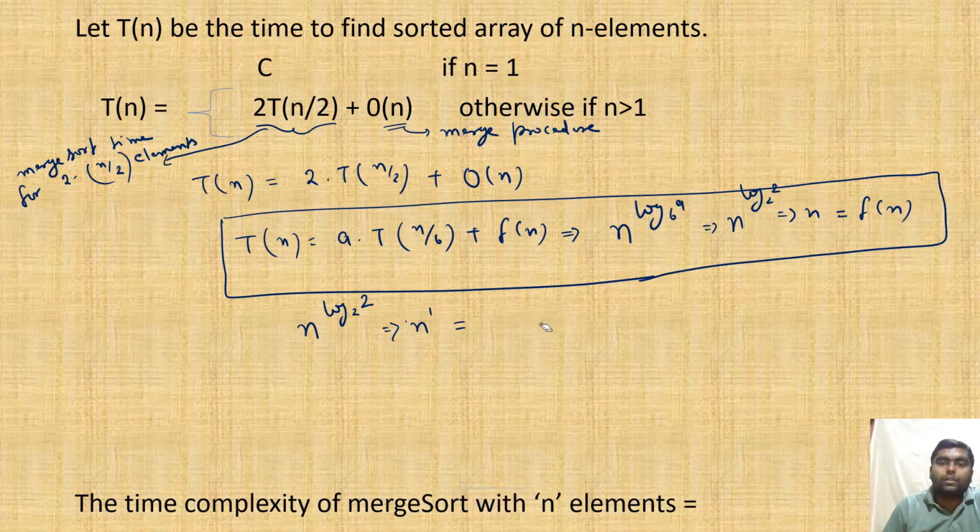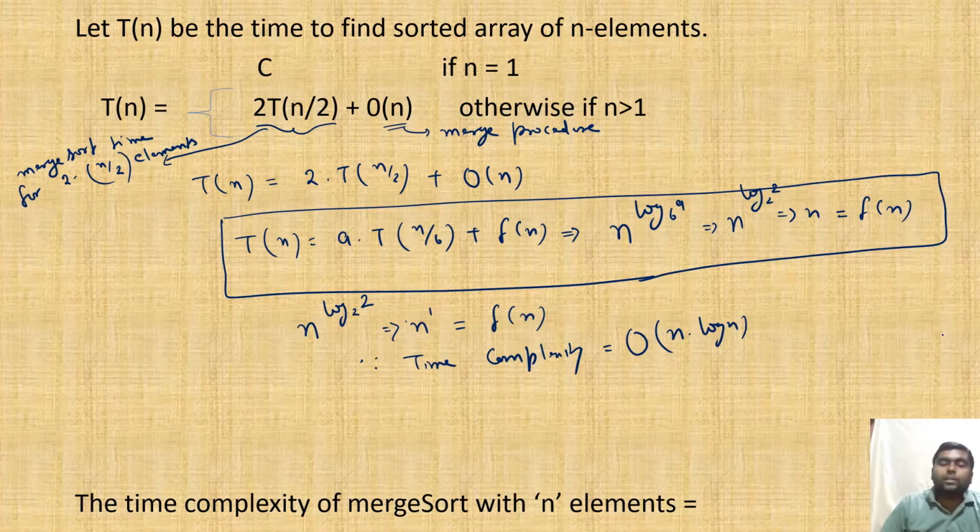Therefore, if both are the same, the function is the same as the calculated value n raised to the power log a base b, so the result will be order of n log n. Finally, we can say that the time complexity for the merge sort algorithm is order of n log n.